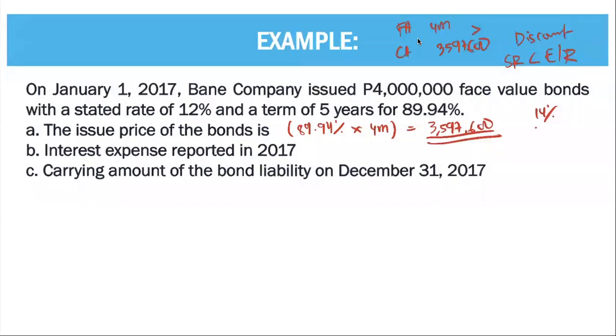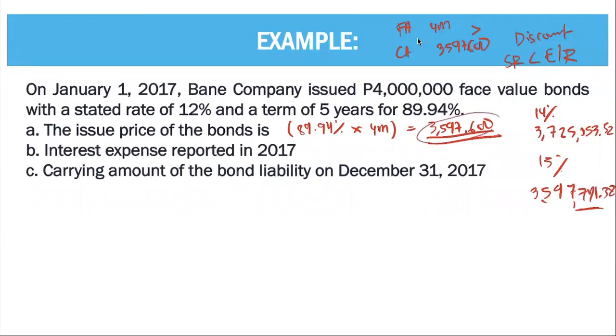Did you get 3,725,353.52? Okay, so it is still higher. Let's use 15%. So we get 3,597,741.38. Okay, so it is almost 15%, but we need to reduce it by the amount.